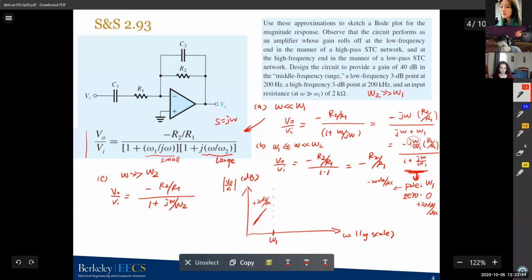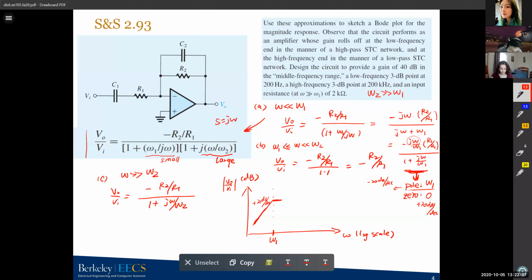We'll have this positive slope until omega 1, because at omega 1, we start to have the pole. The pole starts at omega 1, right? So we have a plus 20 dB per decade and also a minus 20 dB per decade at omega 1. So these two just cancel each other. We'll just have a 0 slope. This is how it looks.